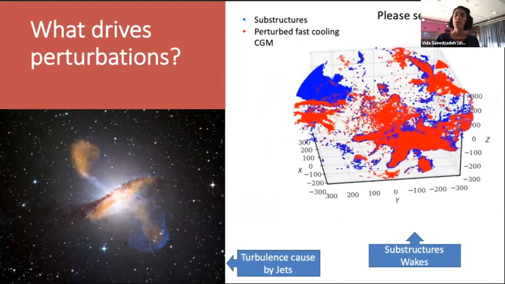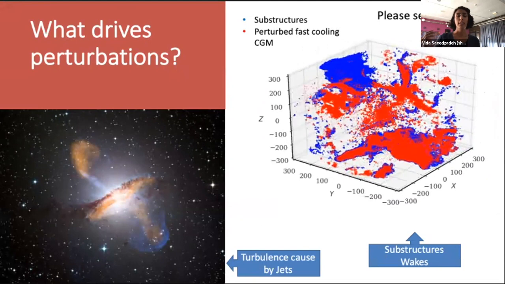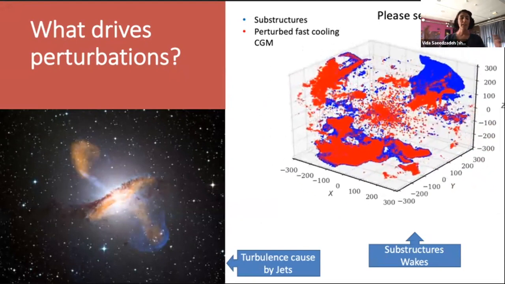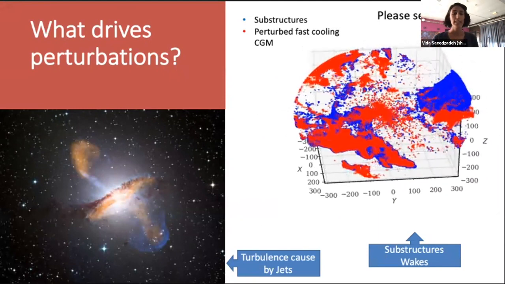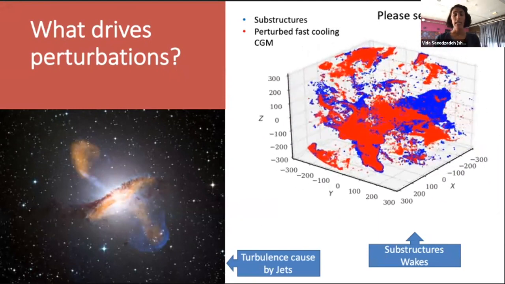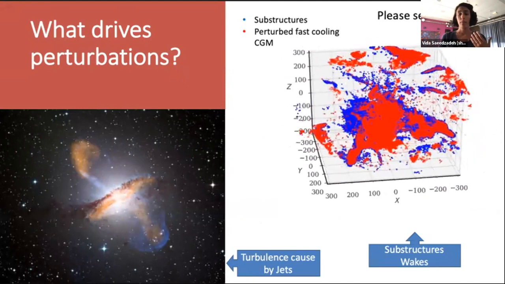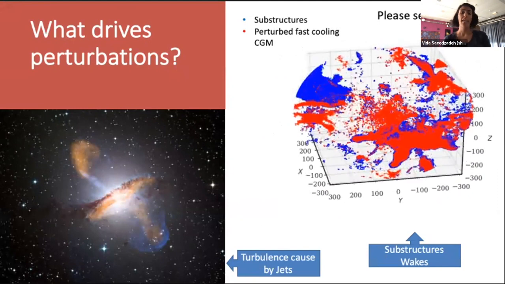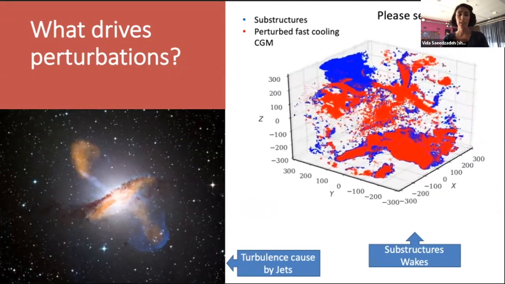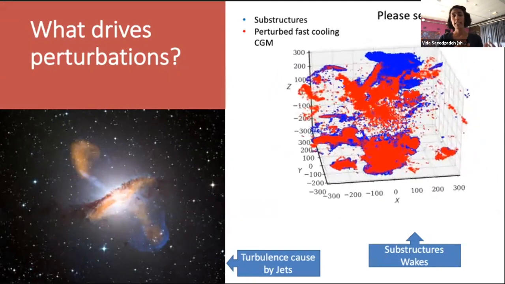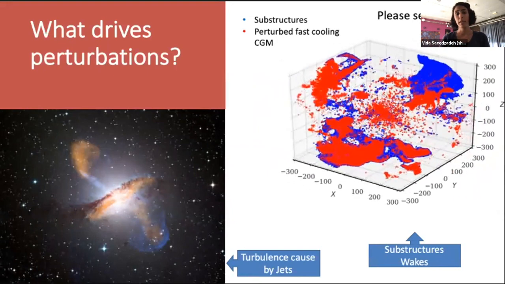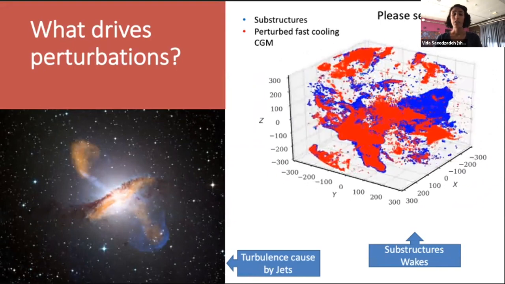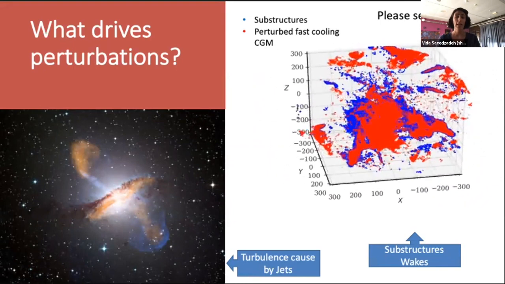But the question is, if we look at the cosmological simulations and take into account the effect of more physical processes that happen around the galaxy, will the result change? And the answer, from our results looking at the Romulus cosmological simulation, is that the dominant source of the perturbations around the BCGs is actually coming from the structures and structure wakes.